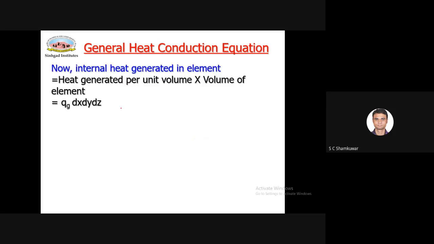So now the internal heat generated in the element will be given by heat generated per unit volume into volume of the element. Now, what is the volume of the element? We have taken dx, dy, and dz as the sides of that rectangle. Therefore, dx, dy, and dz will be the volume. So Qg is the heat generated per unit volume that we have considered, into dx, dy, dz. This is the internal heat generated in an element.